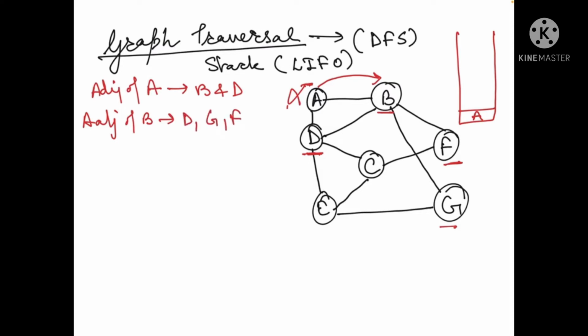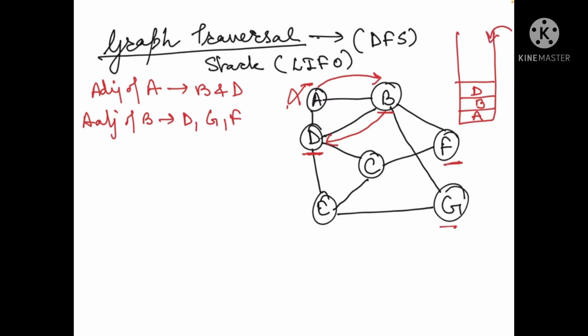Now you have to take any one. Suppose I say, okay, I am traveling like this. So now I will go to D. After A, I went to B, and after B, I am going to D. That's how I went. So we are going like this, one by one.